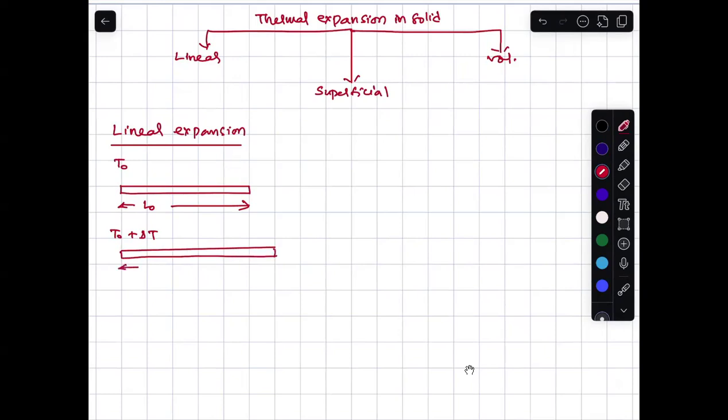Now this is no longer L naught. In fact, this is L naught plus delta L. Got the point?